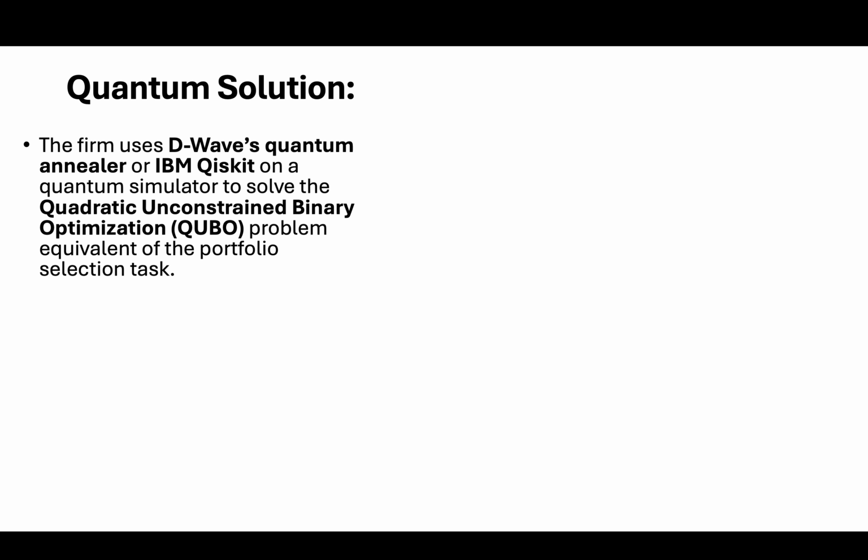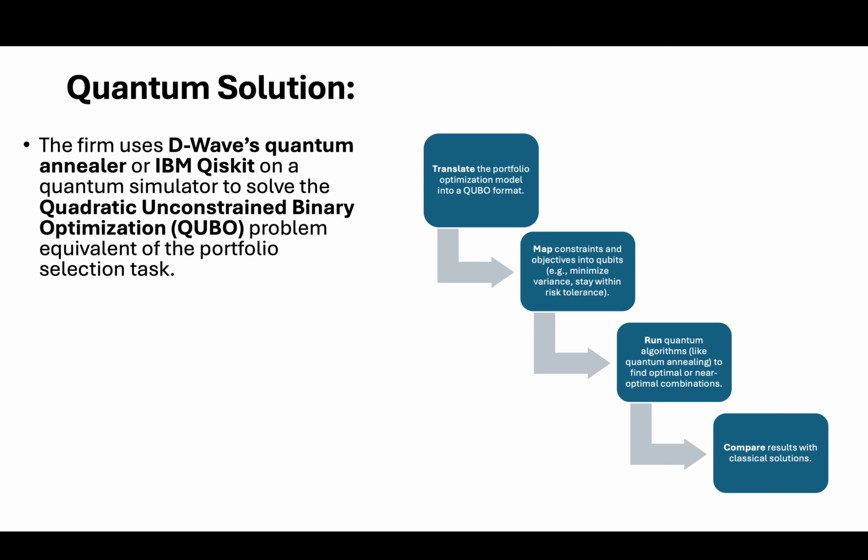Solution: the firm uses D-Wave's quantum annealer, or the IBM Qiskit, on a quantum simulator to solve a quadratic unconstrained binary optimization, QUBO, problem, the equivalent of a portfolio selection task.